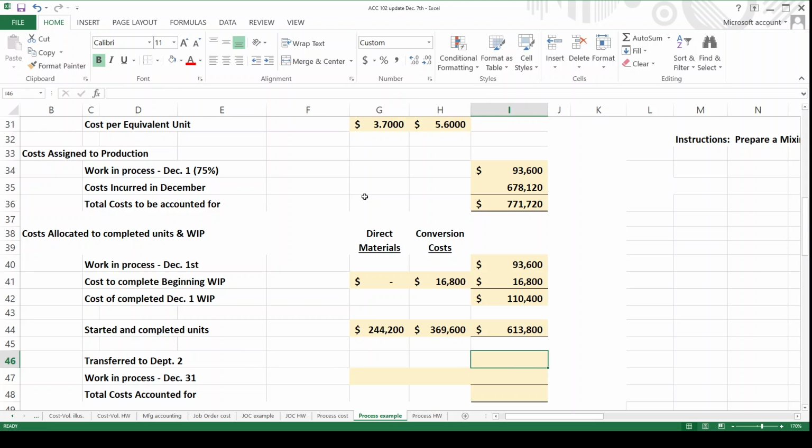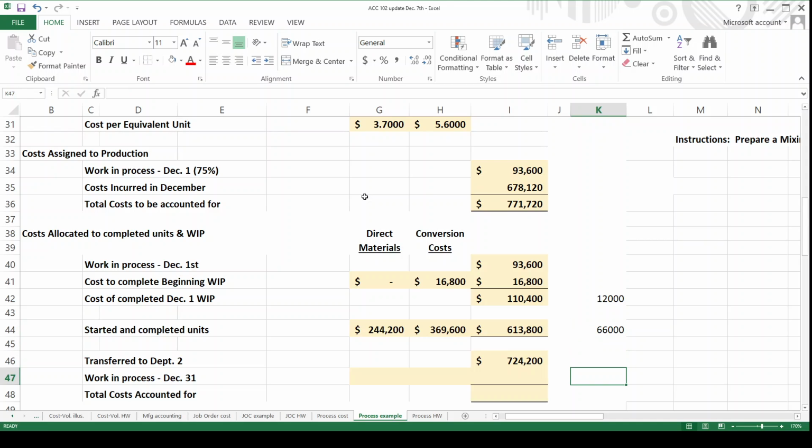What's 78,000? These 12 and those 66. Remember, this was 12,000 units, and this was 66,000. We transferred out 78,000 units. And that was a given, by the way, 78,000.